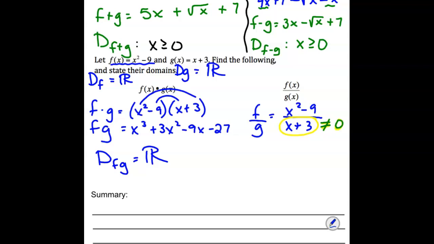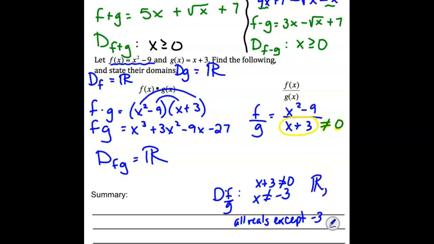So we're going to look at our domain for f divided by g. We have x plus 3 cannot be 0, which means x cannot be negative 3. So our domain would be all reals except negative 3. And again, you could just write this as reals, comma, x not equal to negative 3.